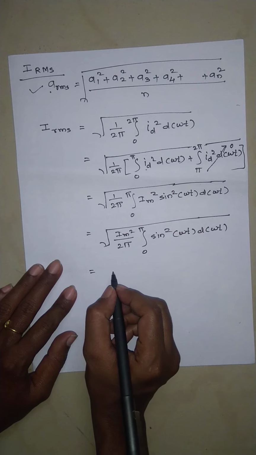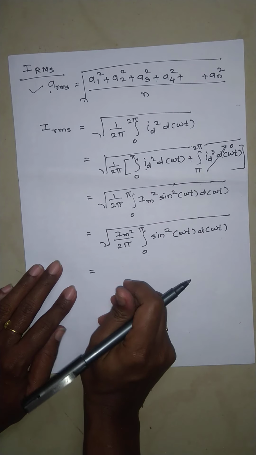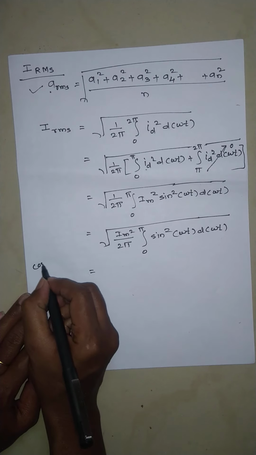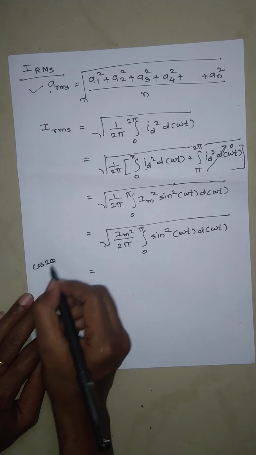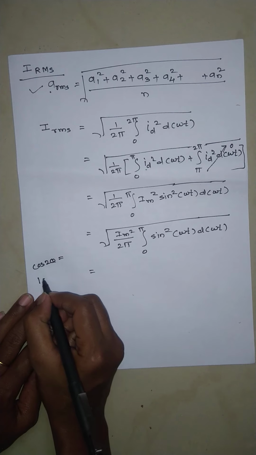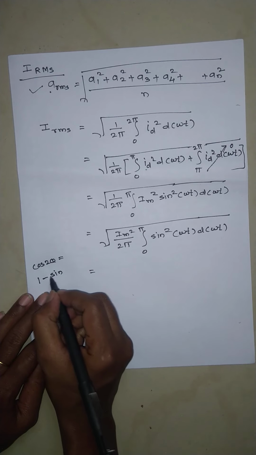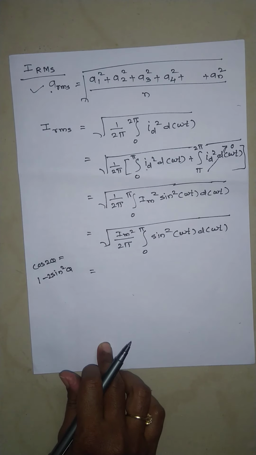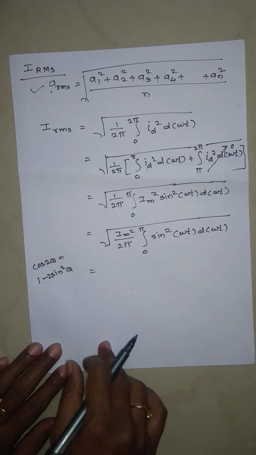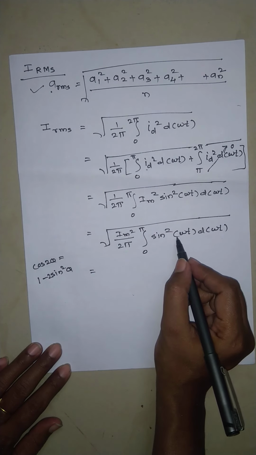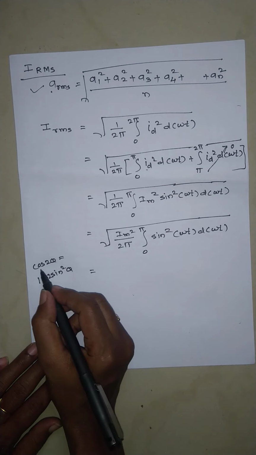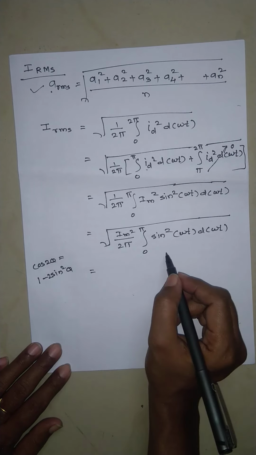In order to solve this integration, we have to make use of the formula cos 2 theta equals 1 minus 2 sine square theta. So sine square theta we can write as (1 minus cos 2 theta) divided by 2.